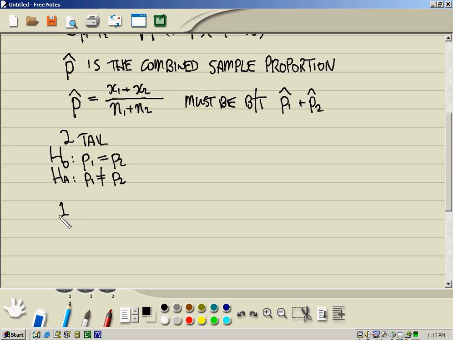For a one-tail, for example, a lower tail test, p1 would be greater than or equal to p2, and the alternate, of course, the complement, p1 less than p2.